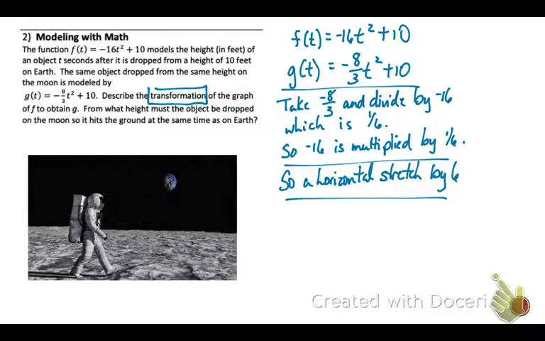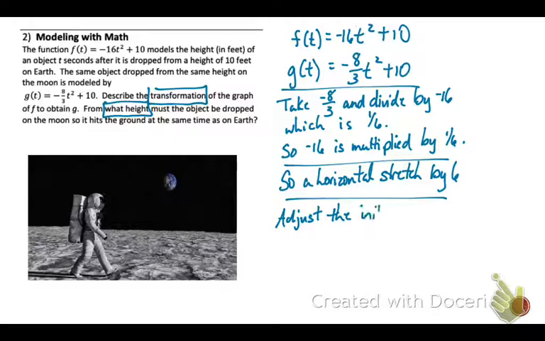Now the next part of the question says, from what height must the object be dropped on the moon so it hits the ground at the same time as on Earth? Well, we see that the moon's A value has been transformed by multiplying by 1/6. So if we also multiply that 10 by 1/6, then we'll see the height adjusted.